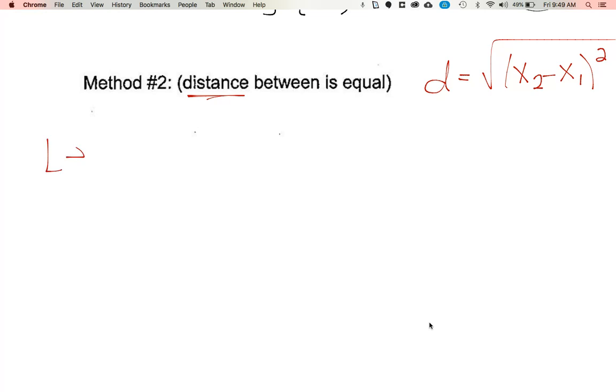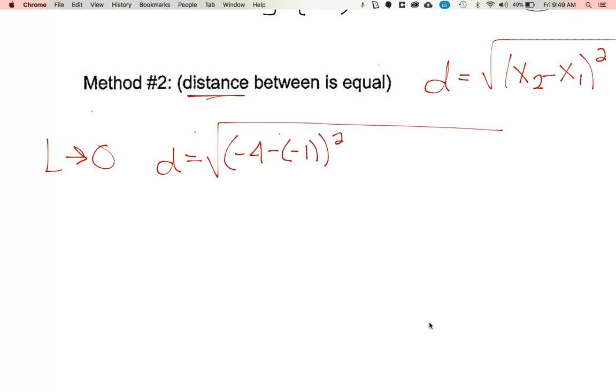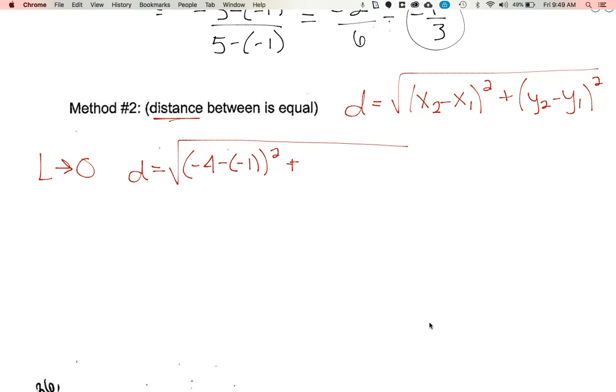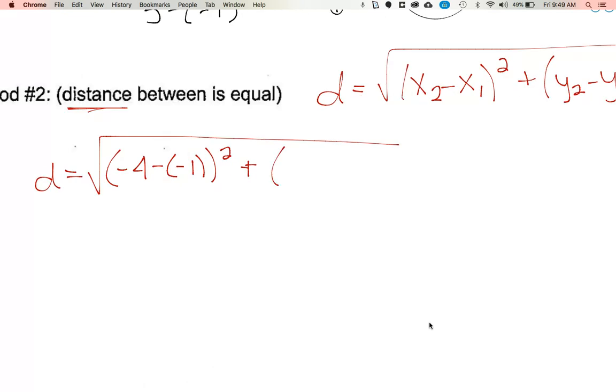So from L to O, it's going to be D equals -4 minus -1 squared plus 6 minus -1 squared.